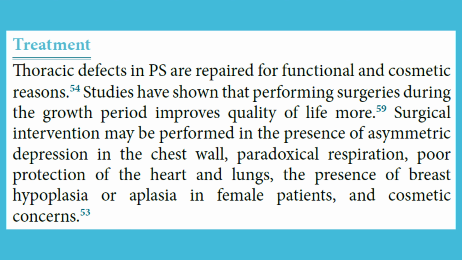Treatment: thoracic defects in PS are repaired for functional and cosmetic reasons. Studies have shown that performing surgeries during the growth period improves quality of life more. Surgical intervention may be performed in the presence of asymmetric depression in the chest wall, paradoxical respiration, poor protection of the heart and lungs, the presence of breast hypoplasia or aplasia in female patients, and cosmetic concerns.